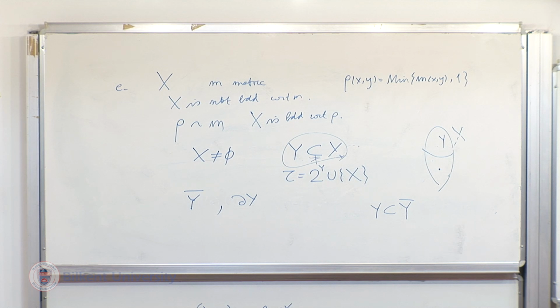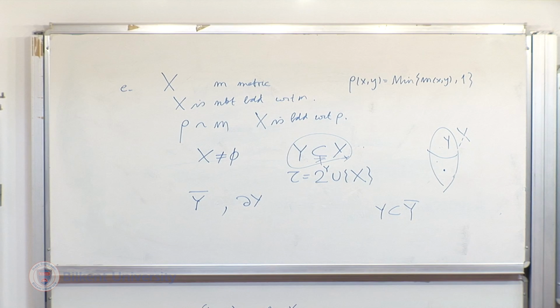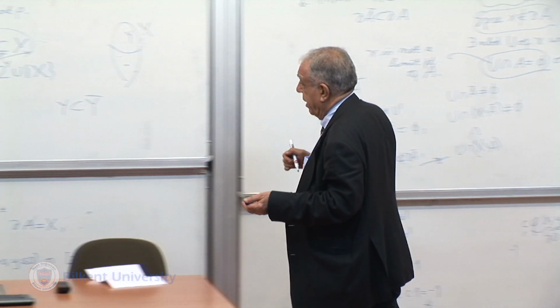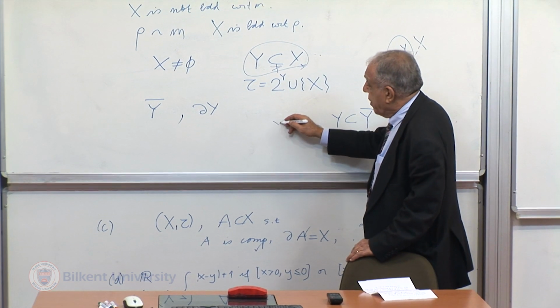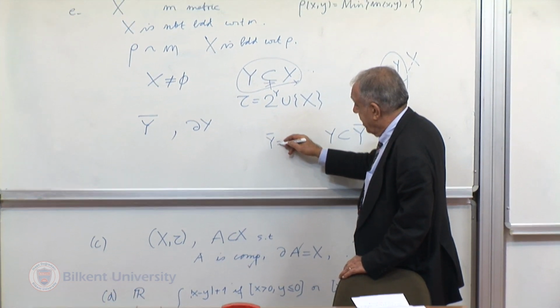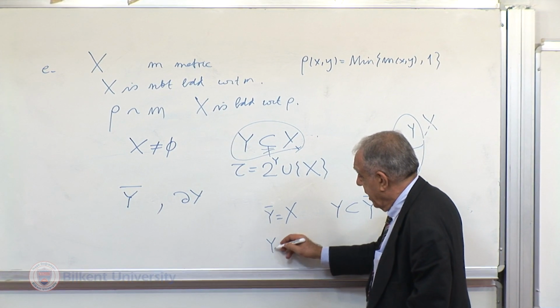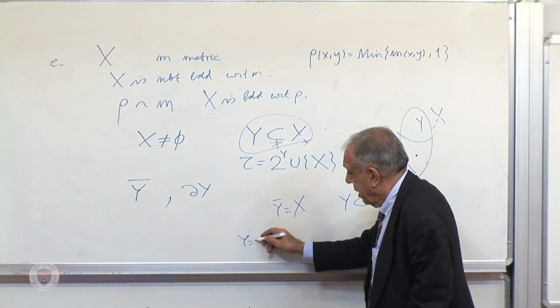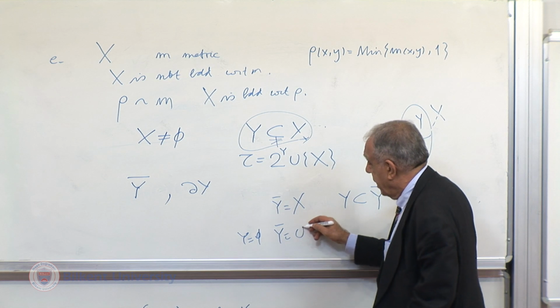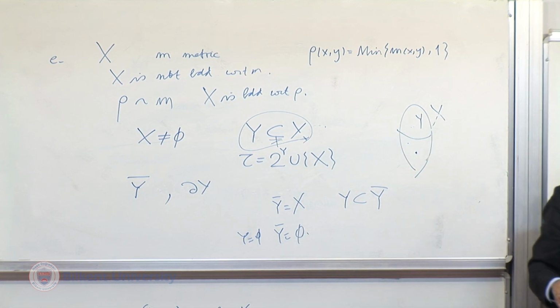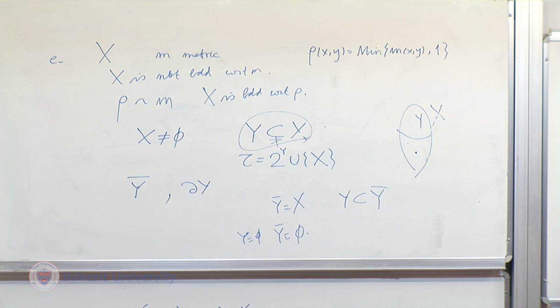Well, to check, take any neighborhood U of that point. What must U then be? Well, it must be cap X. The intersection of cap X with Y, if Y is non-empty, will be non-empty. So everything will be in the closure. If Y is empty, of course, then Y closure will be empty in that case.